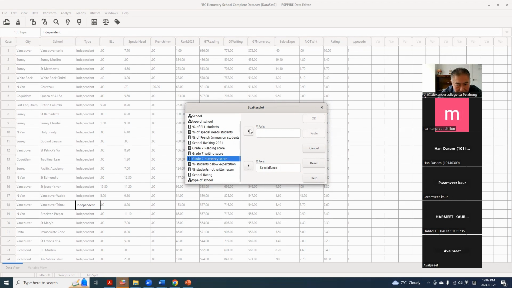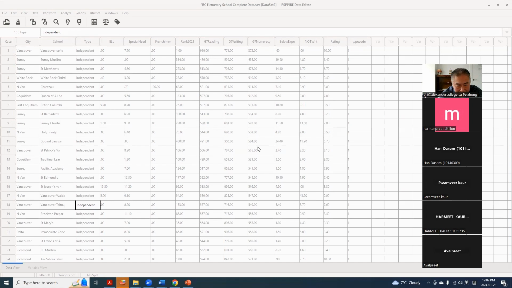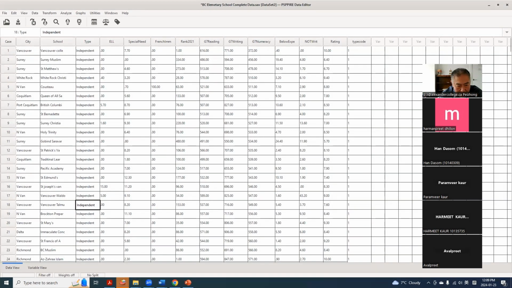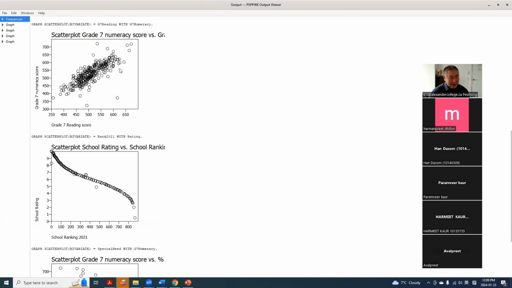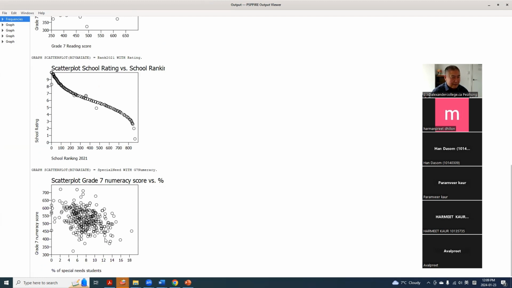How about numeracy? Grade 7 numeracy. Here you are. First of all, is it a weak correlation or strong correlation? Strong or weak compared to this one and this one? It's weaker.